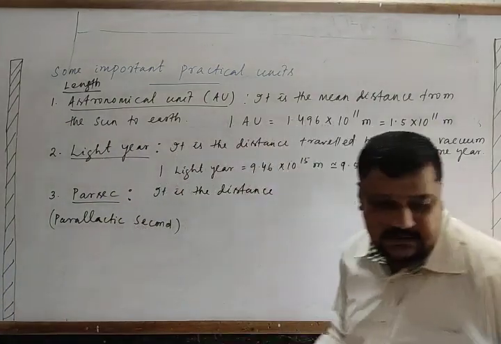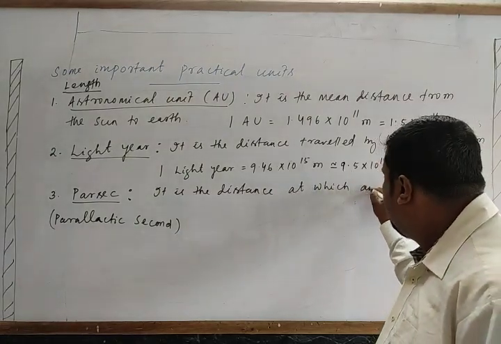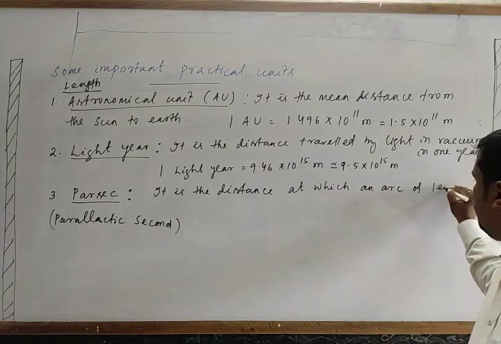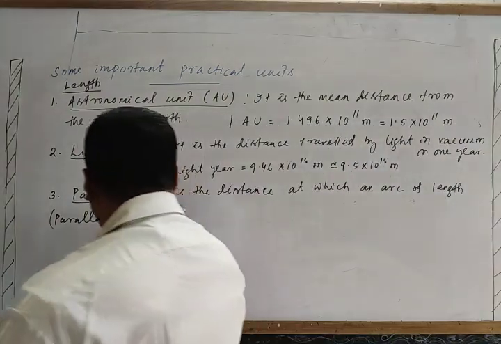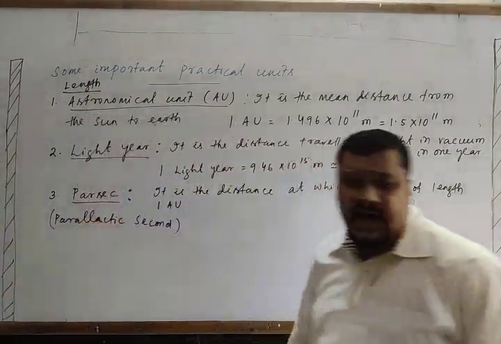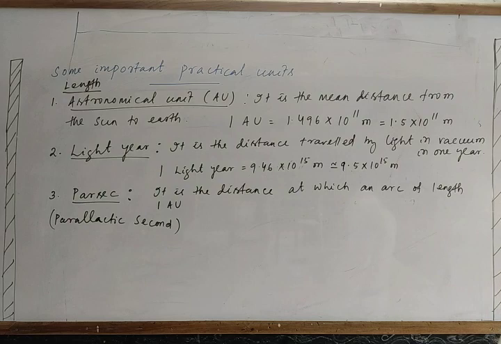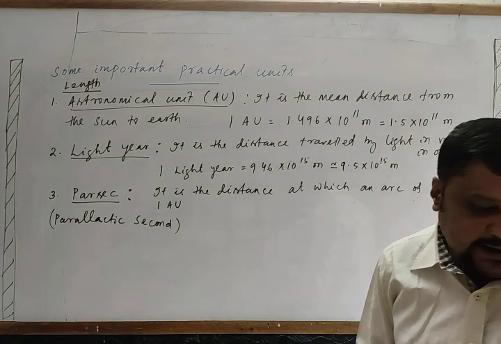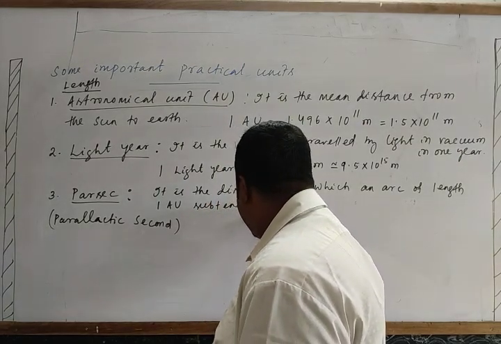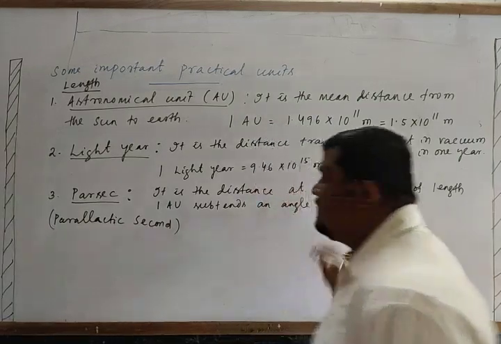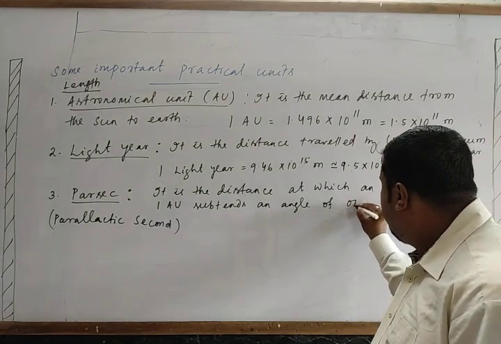It is the distance at which an arc of length one astronomical unit subtends an angle of 1 second.